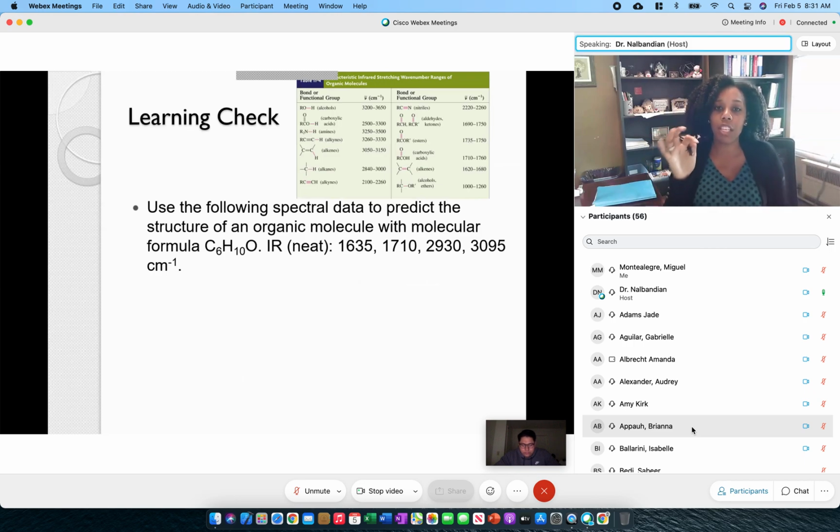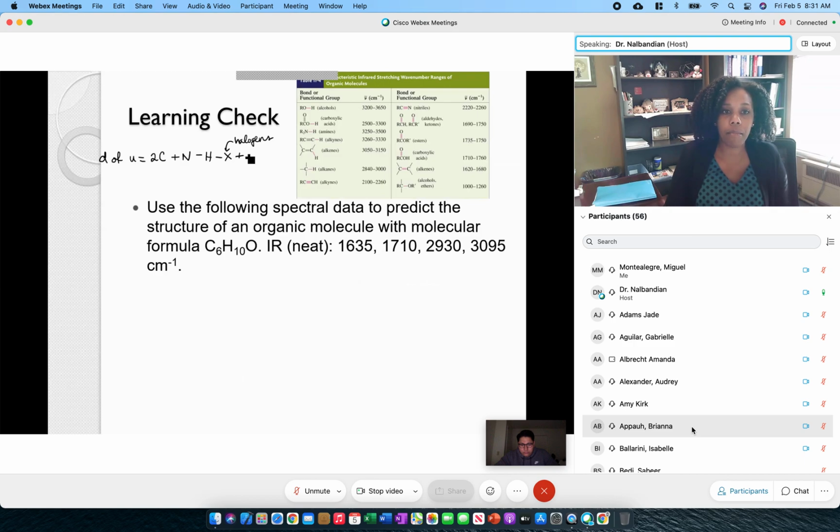All right, so for one of these problems, the first thing that you always want to do is your degree of unsaturation. So our degree of unsaturation, remember, you need to have that equation written down somewhere where you can access it quickly, but it's 2 times the number of carbons plus the number of nitrogens minus hydrogens minus X. What is X? Remember, that's the halogens.